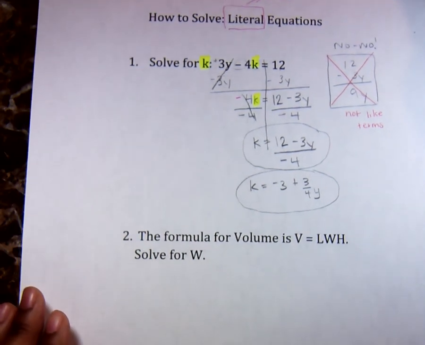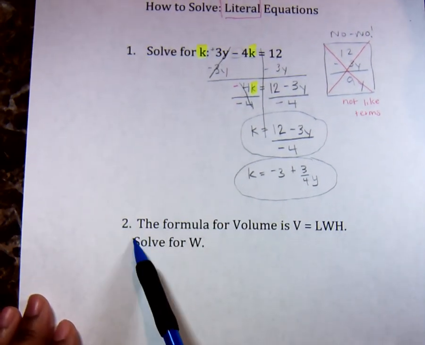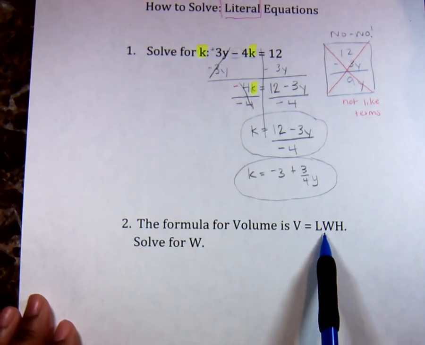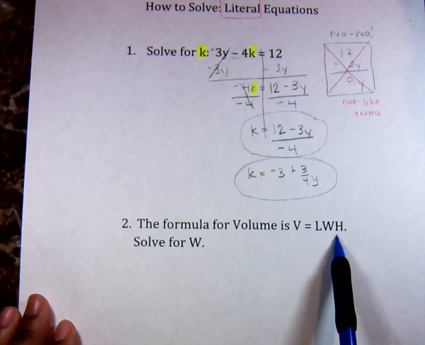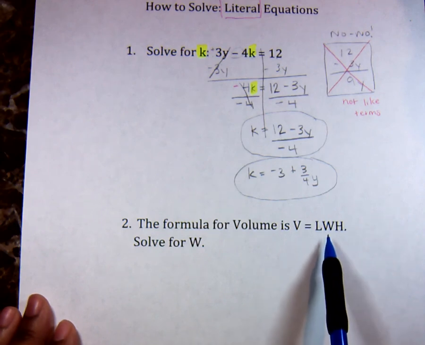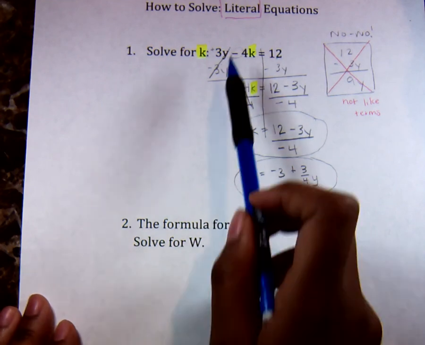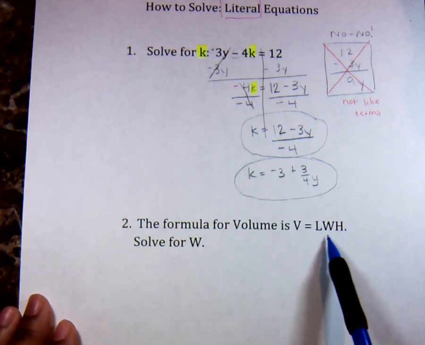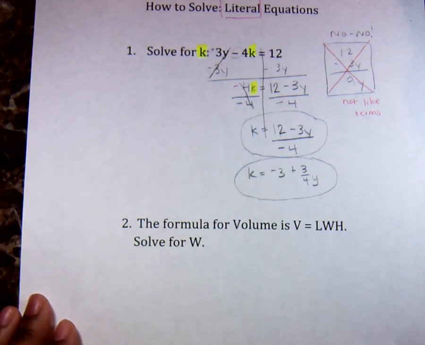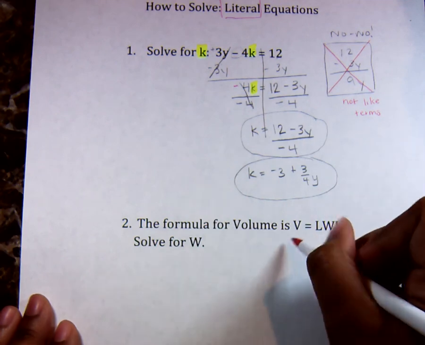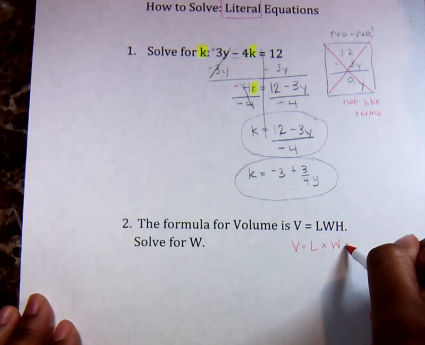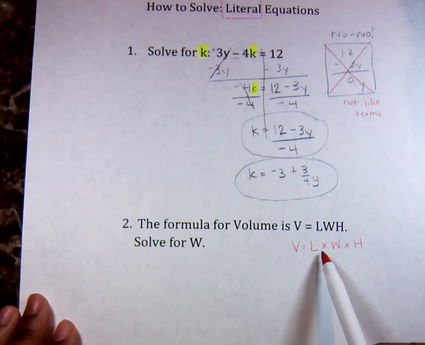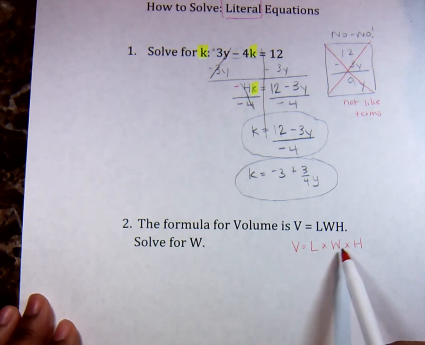Okay, so now we're going to move on to number 2. The formula volume is V equals LWH. Now as I say LWH, notice here that we do not have any signs such as a negative separating L, W, and H. That is because another way that you can show this is V equals L times W times H. L, W, and H are all connected by multiplication.